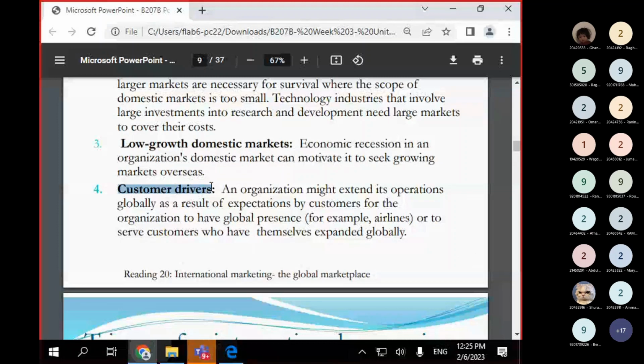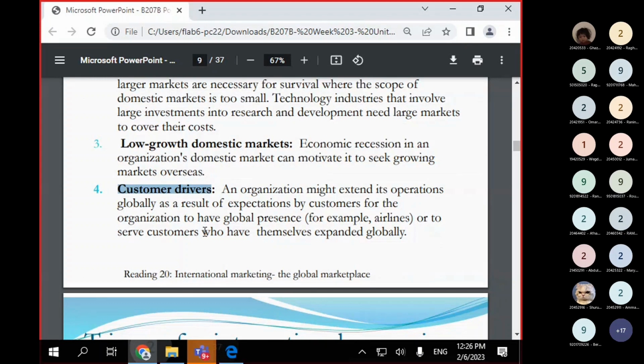Also, you have customer drivers. The customers are driving, meaning they are requesting your product to be sold. Here, what this means is that the reason to go to another country is that you know customers in that other country are requesting your products.